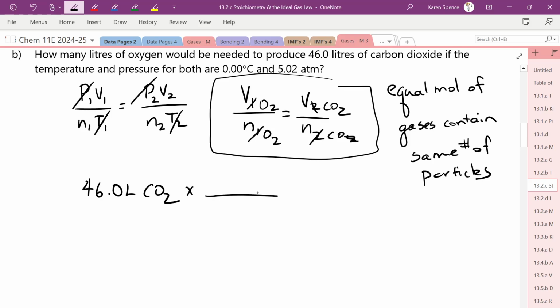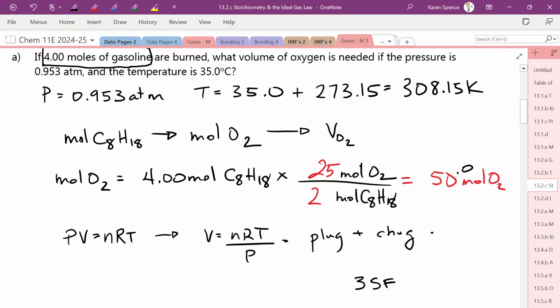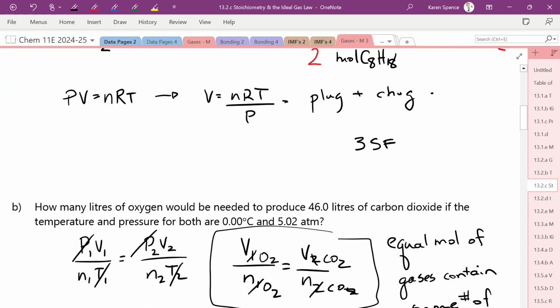46 liters of CO2 times, what was it, 16 liters of CO2 for 25 liters of O2.